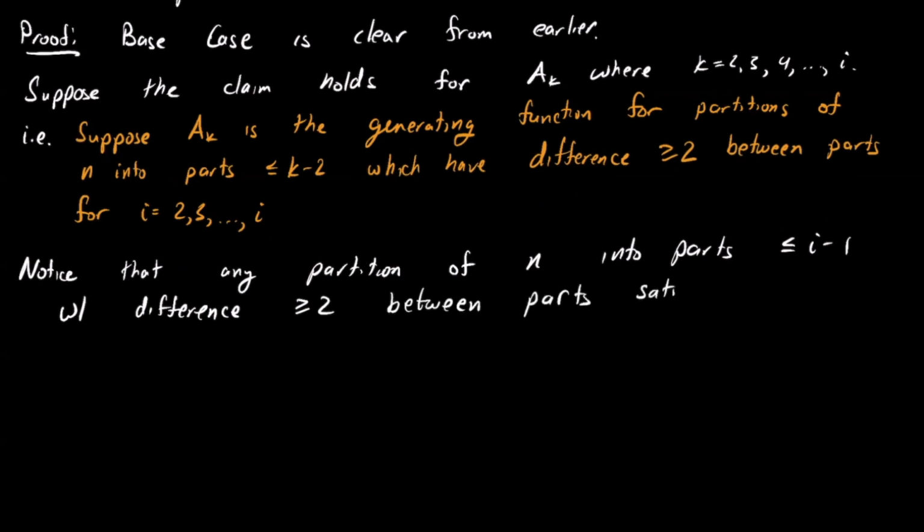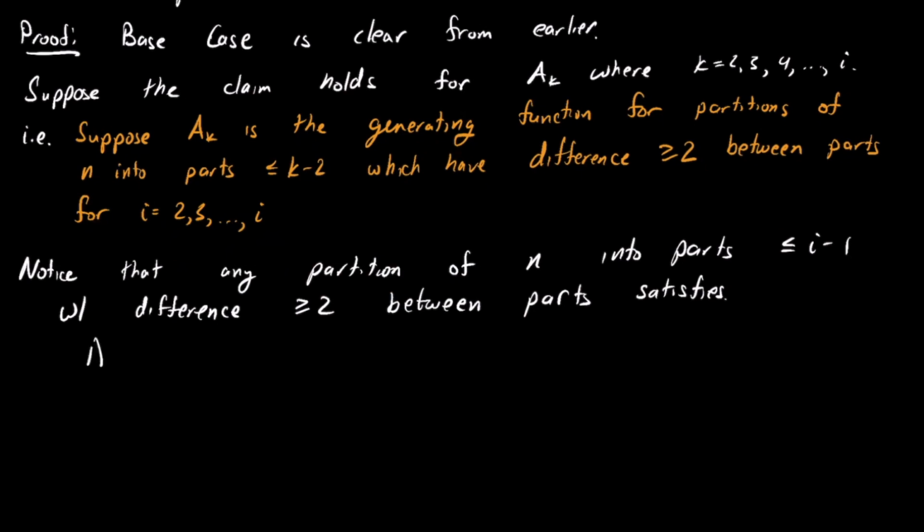Well, one thing I can do is say, if my largest part is actually I minus 1, and I remove that part, what I end up getting is something whose largest part is at most I minus 3 because of the difference 2 condition. So if my largest part is I minus 1, I remove that part. The largest part now is allowed to be I minus 3 or smaller, right?